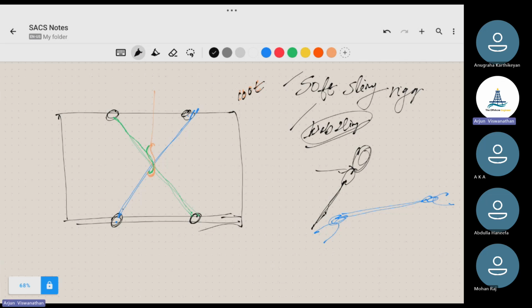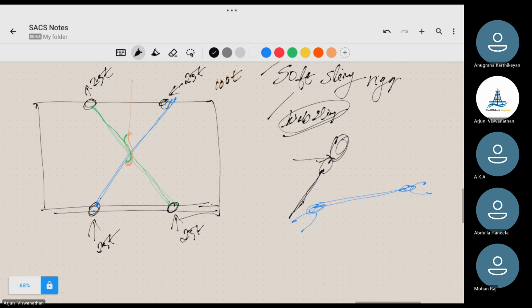If I go for equal distribution, in the ideal case, all the slings have the same capacity, so this pad eye should take 25 tons, this one 25 tons, this one 25 tons, this one 25 tons. Are you okay till here? Equal distribution, right? So that means this particular sling will take a total of 50 tons.